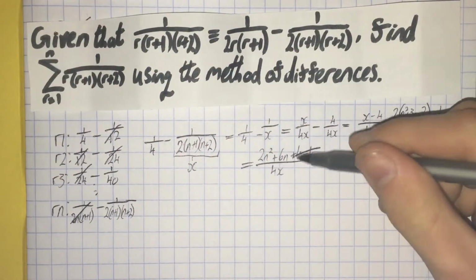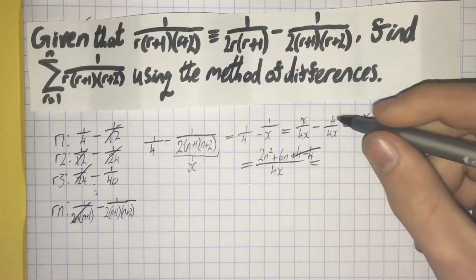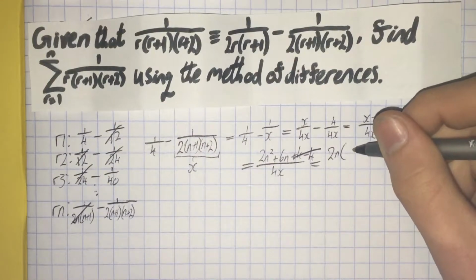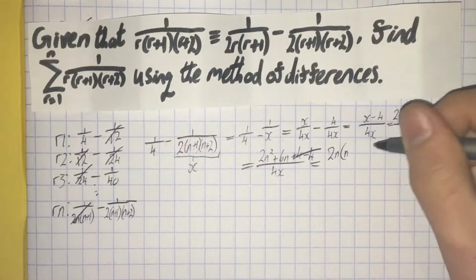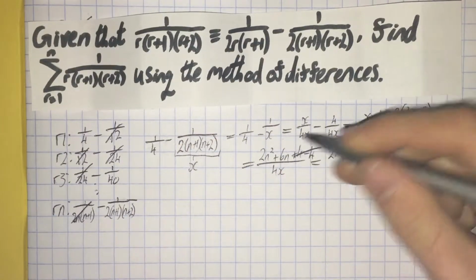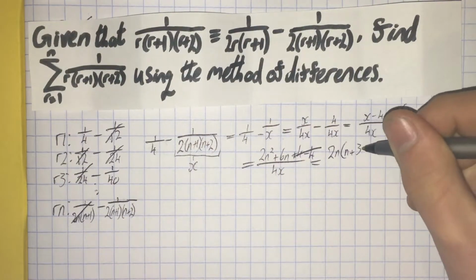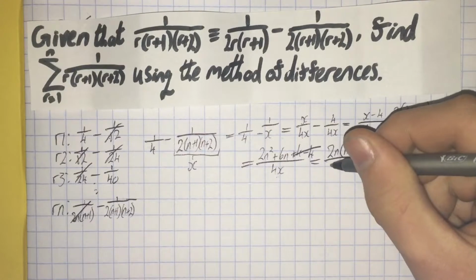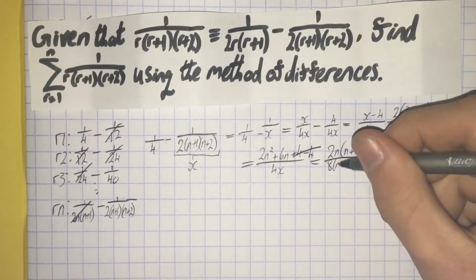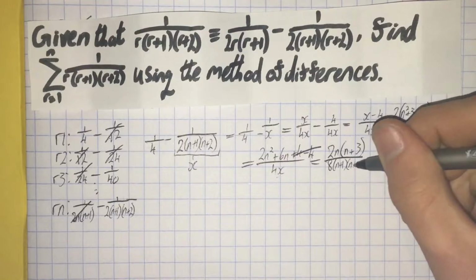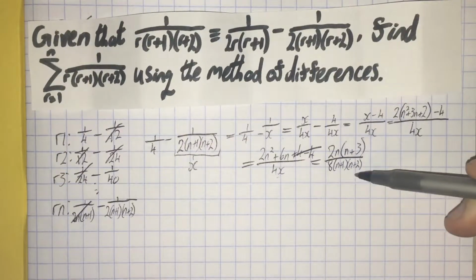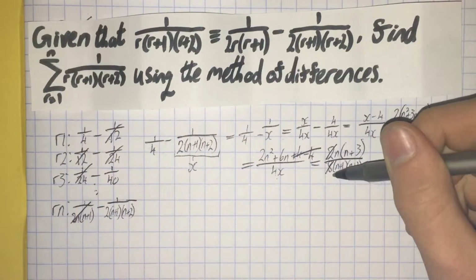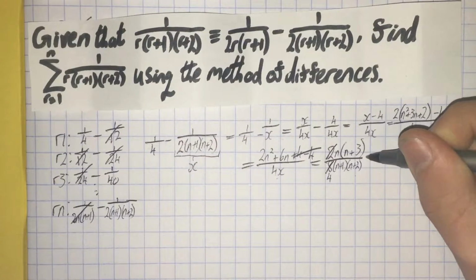And this, well, what can we factorize out of 2n squared plus 6n? Easy, it's 2n. And this will leave us with n, 2n times n equals 2n squared, plus 3 over 4 times x, so we shall have 8 times our n plus 1 and our n plus 2. And this doesn't simplify much more except for the 2 here. We can get rid of that, and that will hit up our 8 down to a 4.